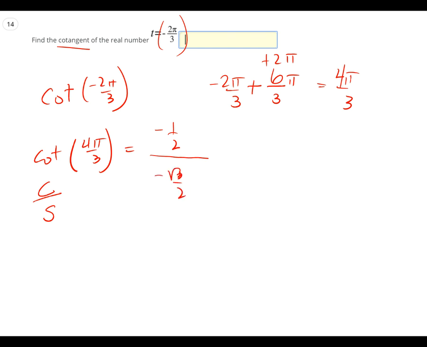Take a minute, pause. Okay, what happens to the double negative? We go positive. What else happens? We multiply. The 2's cancel, so I get 1 over square root of 3, and I have to rationalize. Or you recognize what that is compared to your multiple choice answer, right?